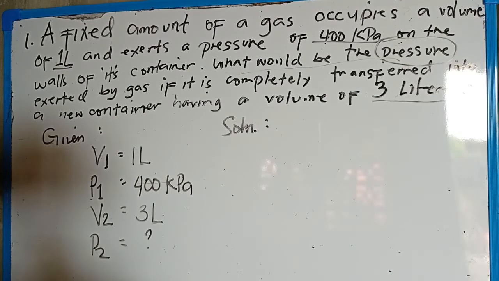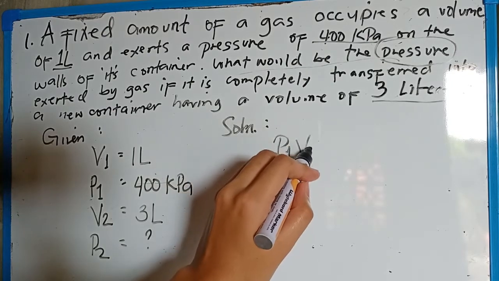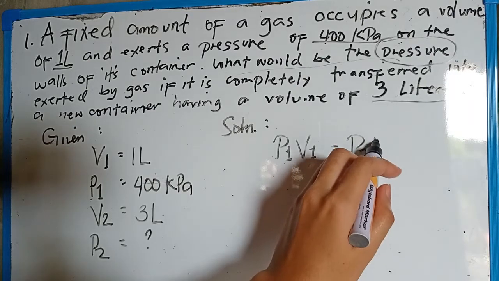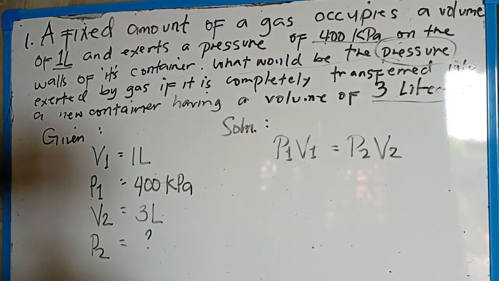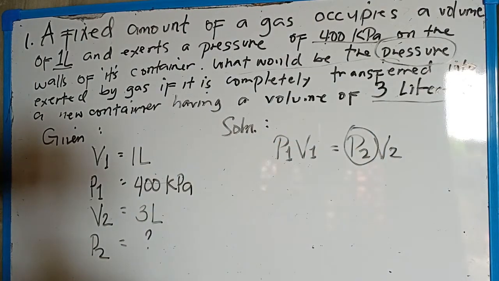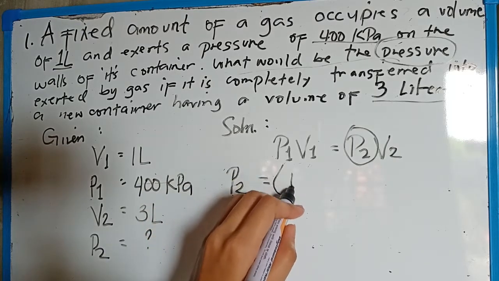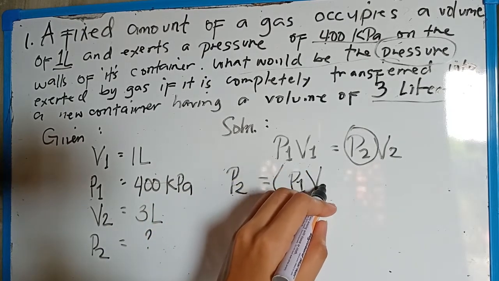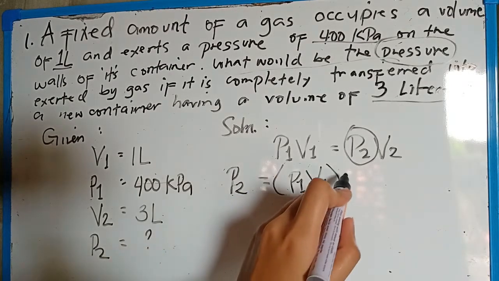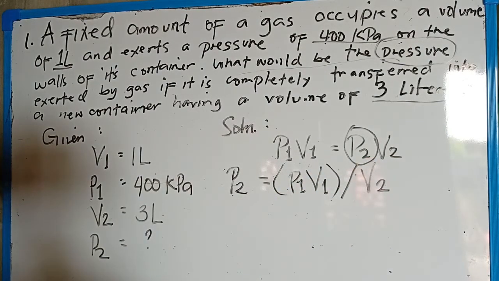As the formula from earlier, we have P1 multiplied by V1 equals pressure final multiplied by volume final. What we are looking for here is the final pressure. So P2 is equal to pressure 1 multiplied by the initial volume, divided by our final volume.